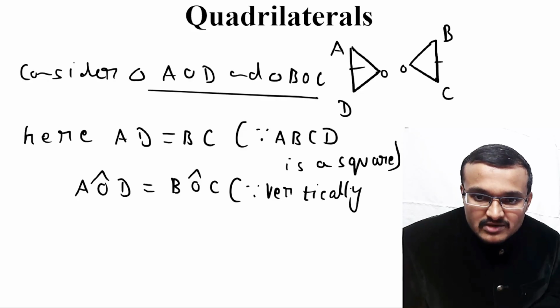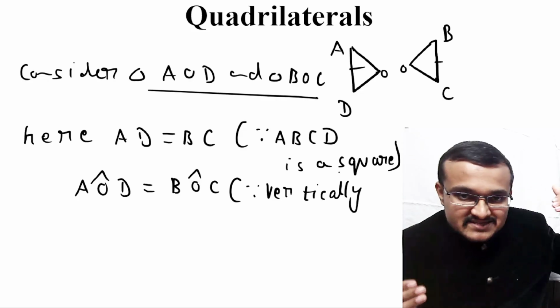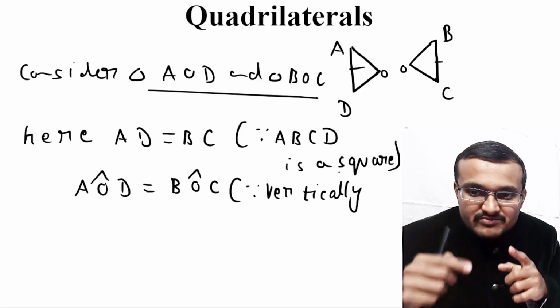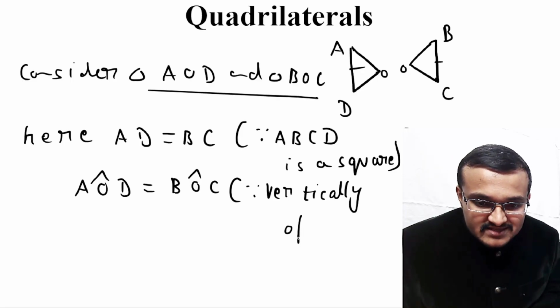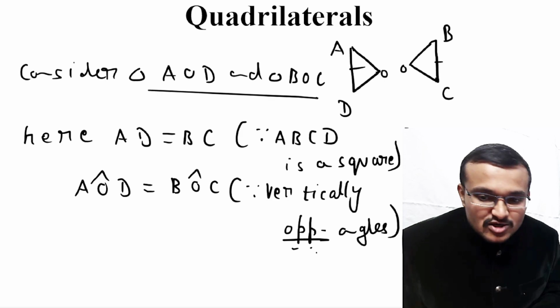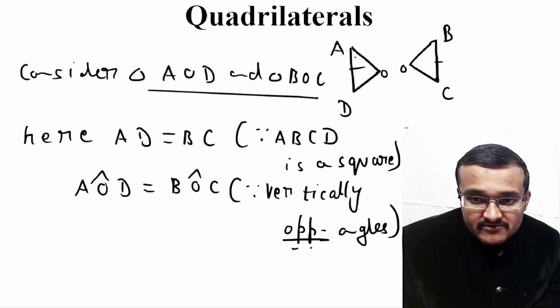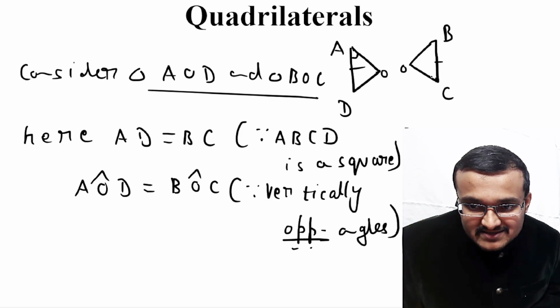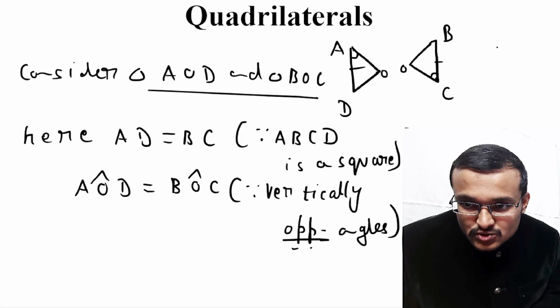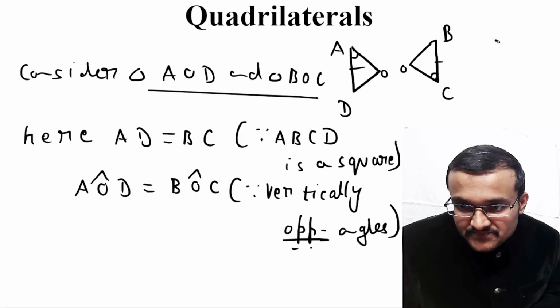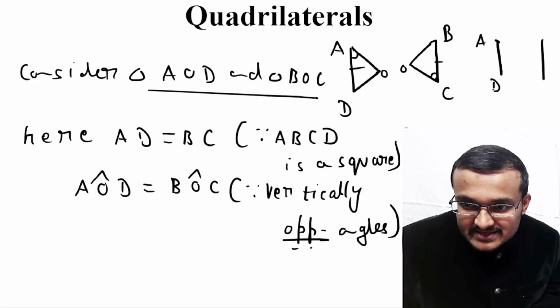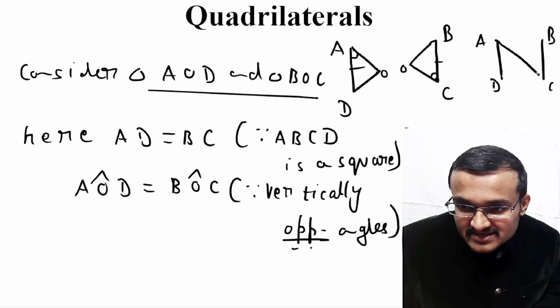Here DB is a straight line and AC is a straight line, so AOD and BOC are vertically opposite angles, and vertically opposite angles are equal to each other. Now we will consider this particular angle and this particular angle. In the diagram, we have AD and BC, and AC is connected.